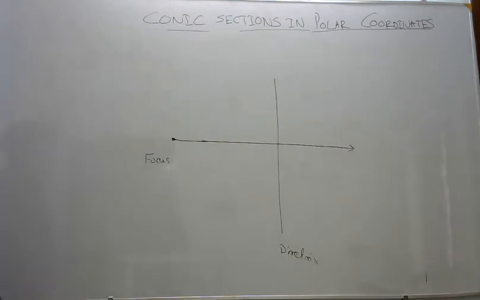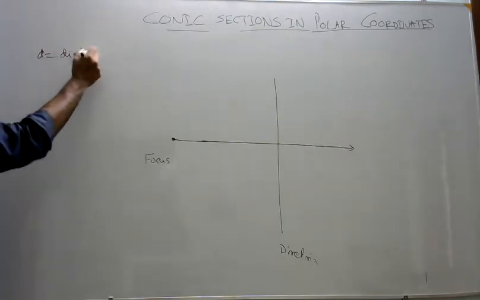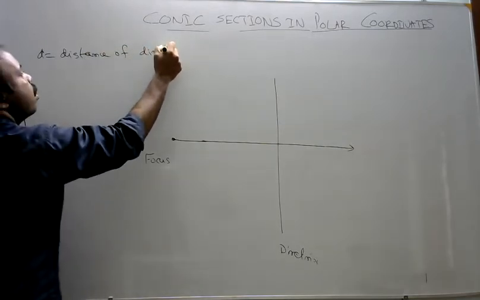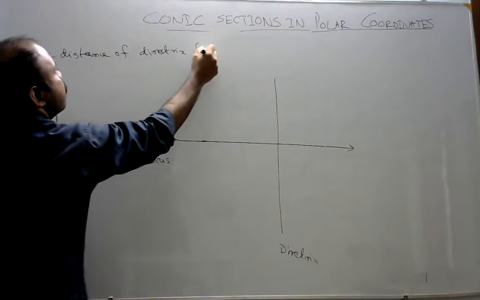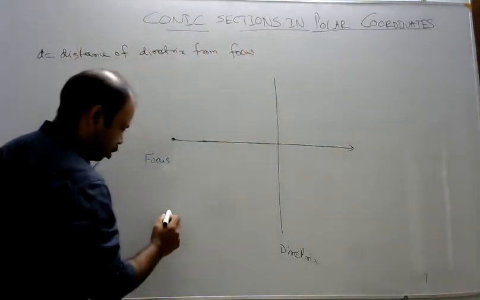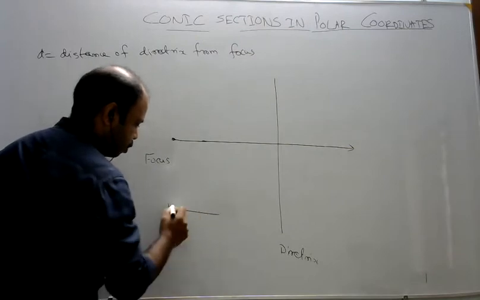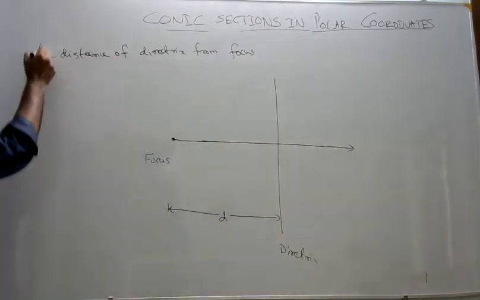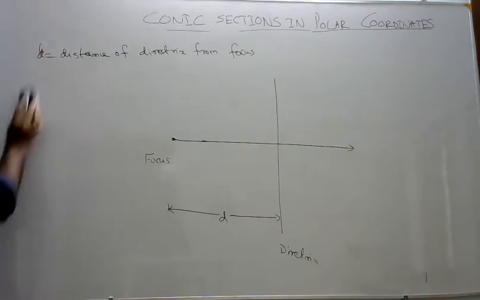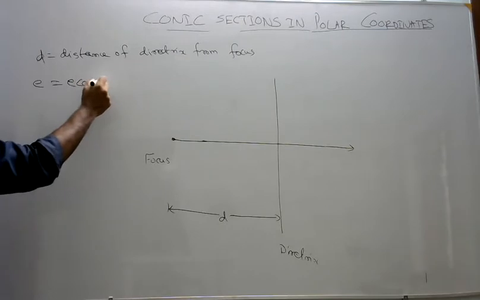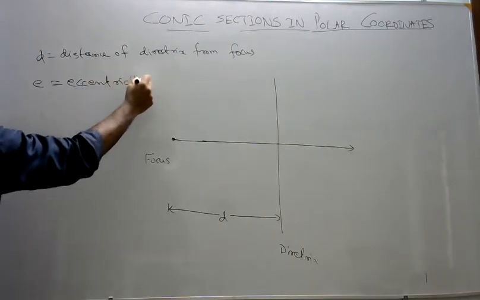Here we use another number d, equal to the distance of the directrix from the focus, and e is the eccentricity.